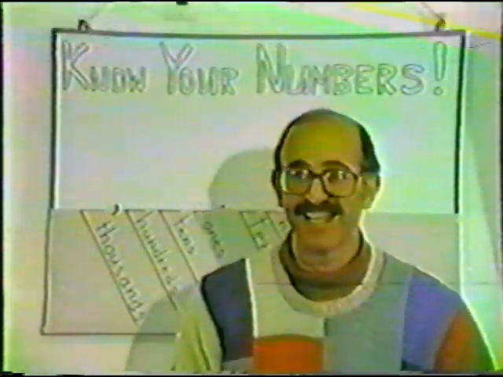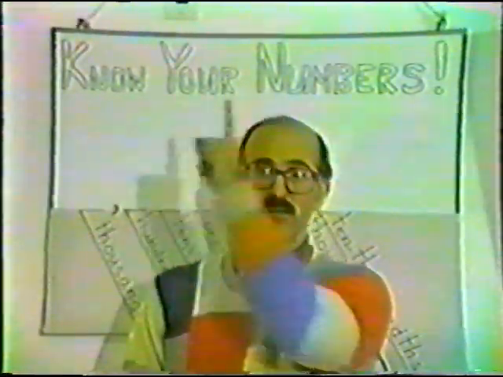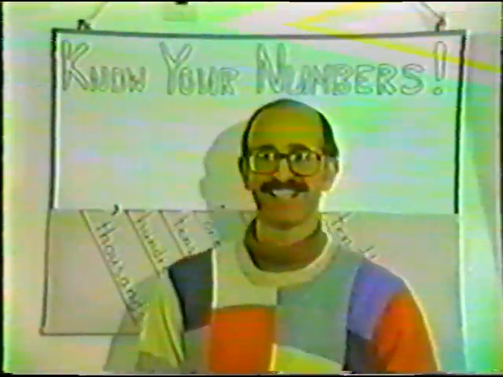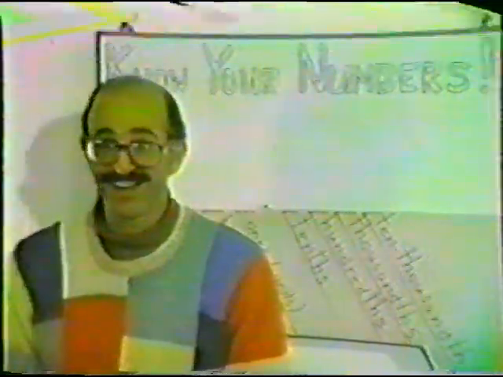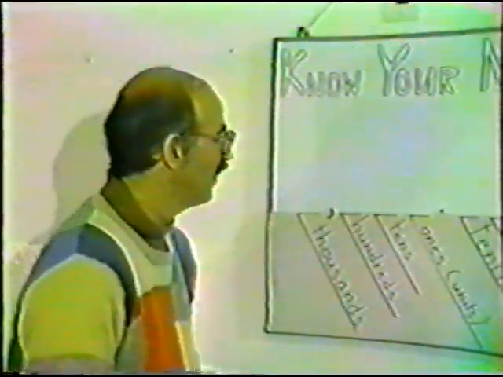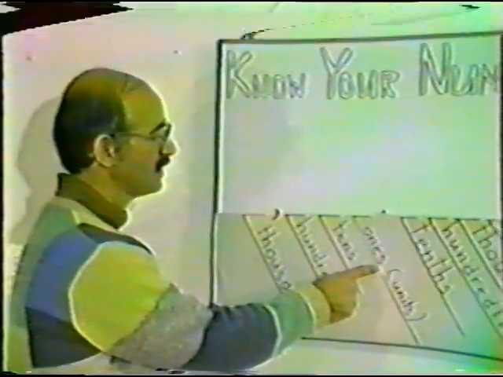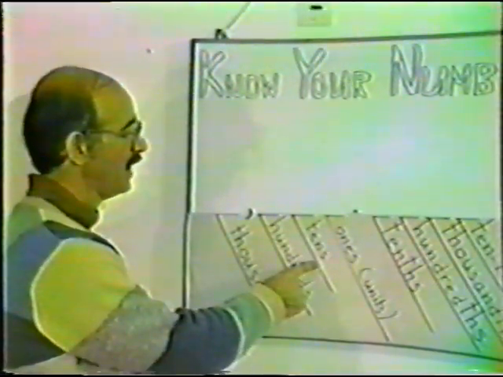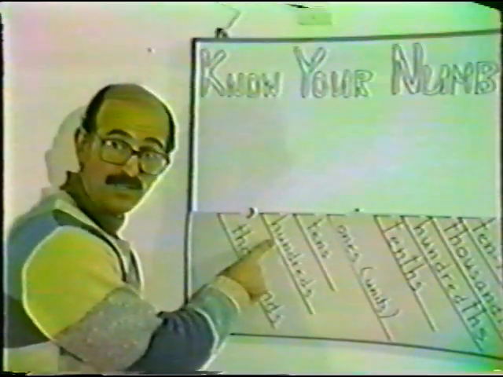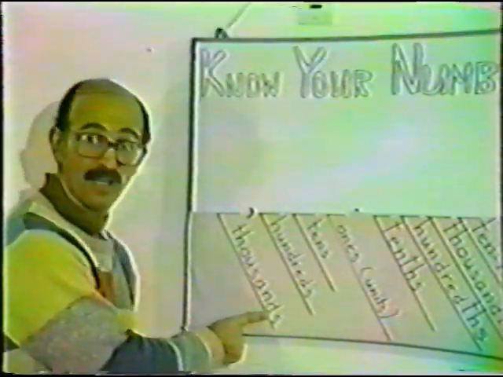Once again, it's time to play Know Your Numbers! Are you ready? Yes! All right. We already know that this is the ones place, the tens place, the hundreds place, and the thousands place.